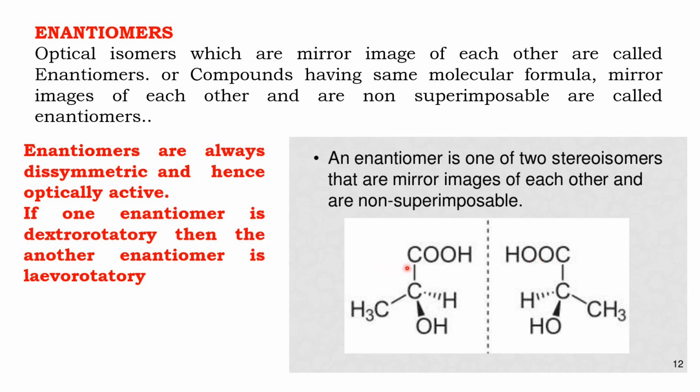They have the same molecular formula, same structural formula, but the spatial arrangement is different. Due to this different spatial arrangement, they are related as non-superimposable object to mirror image. Such pairs are called enantiomers. Very important. Take down.